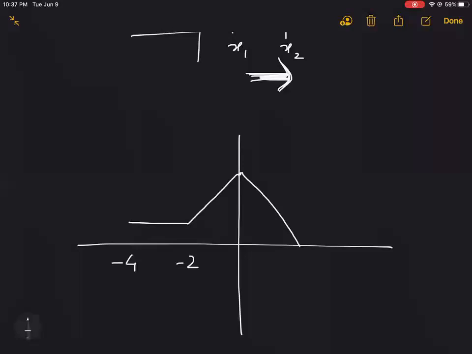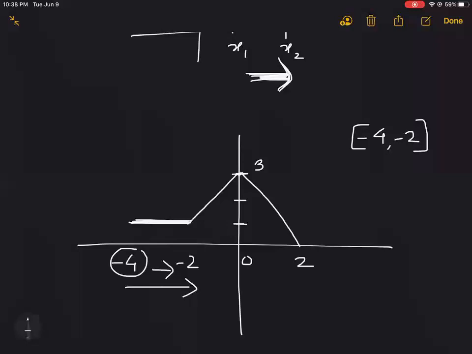That's 1, that's 2, that's 3. So as you can see, as I'm increasing my x from -4 to -2, the functional value remains the same. It doesn't go up or down. So for that part, from -4 to -2, we'll say we have a constant function, right?